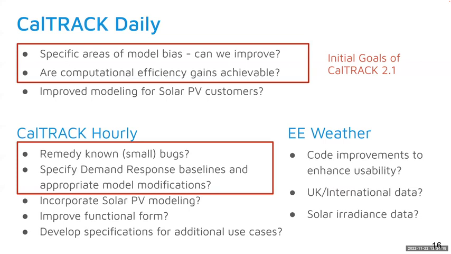We're doing a project to look at how we can adapt CalTrack to the UK and start to roll this out in the UK. It's not been highlighted as a priority here, but we have effectively replicated EE weather. That's essentially using the Copernicus temperature data, which is available from the European Space Agency's website.